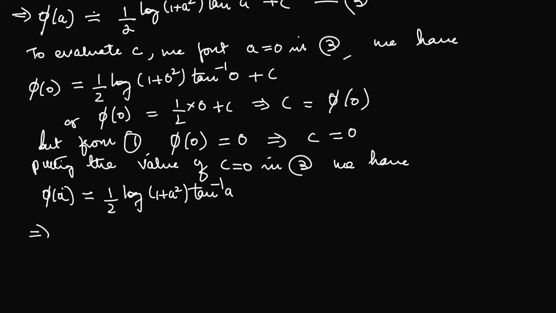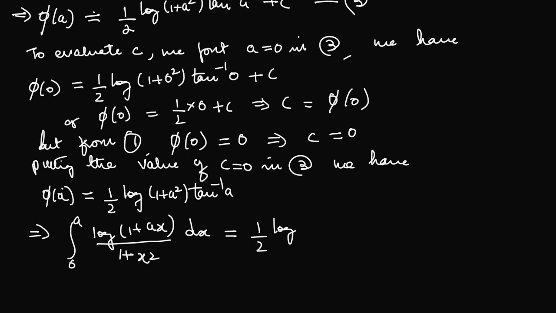So this means that integral 0 to a log of 1 plus ax by 1 plus x square dx, which is phi of a from equation 1, is equal to half log of 1 plus a square into tan inverse of a. So the first part is done now. We have shown that integral 0 to a log of 1 plus ax by 1 plus x square dx is equal to half log of 1 plus a square tan inverse of a.